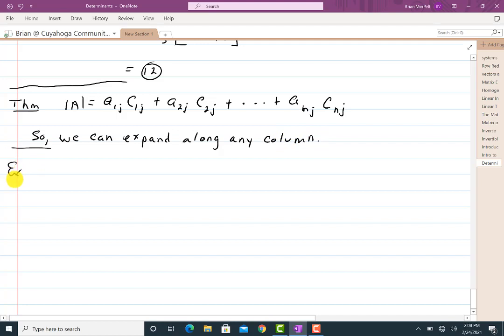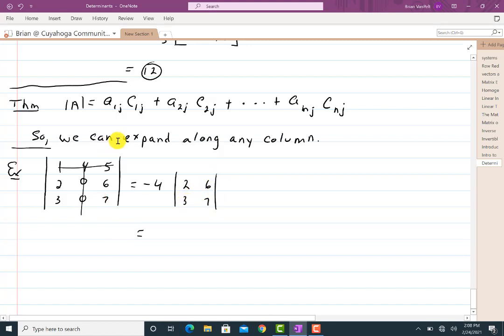As a quick example, like this, I would choose to expand along this column here. Remember, the 4 starts as negative, so we'd have negative 4 times what's left over, 2, 6, 3, 7.